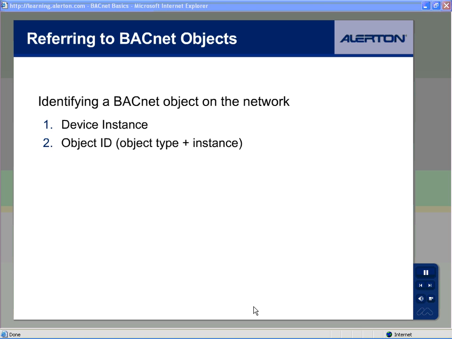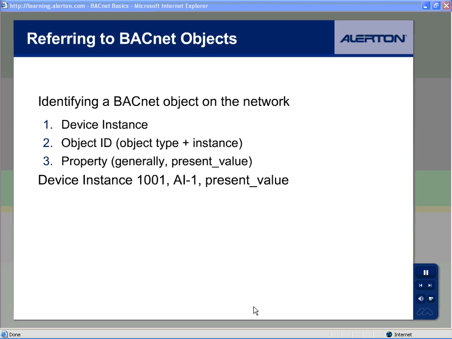For example, if the outside air sensor is wired to input 1 on the VLC, we refer to that point as AI1. The object type is analog input, and the instance is 1. Third, the property, generally the present value. So a complete reference to a BACnet object reads, for example, device instance 1001, analog input 1, present value.